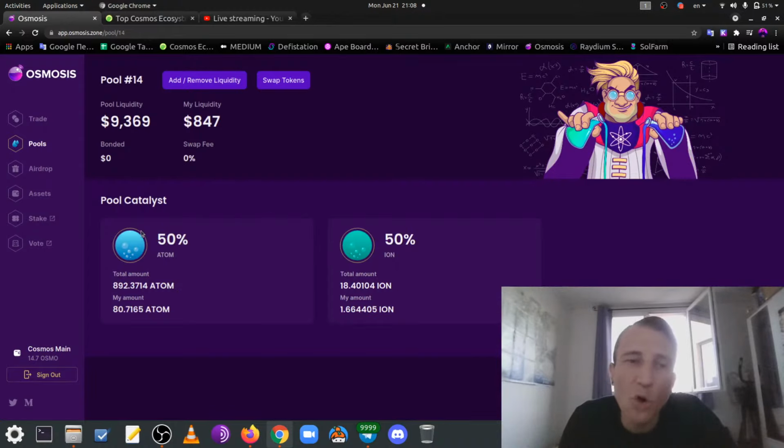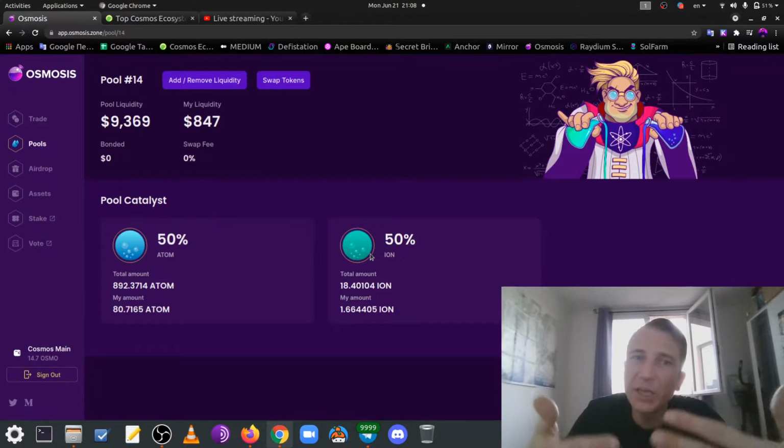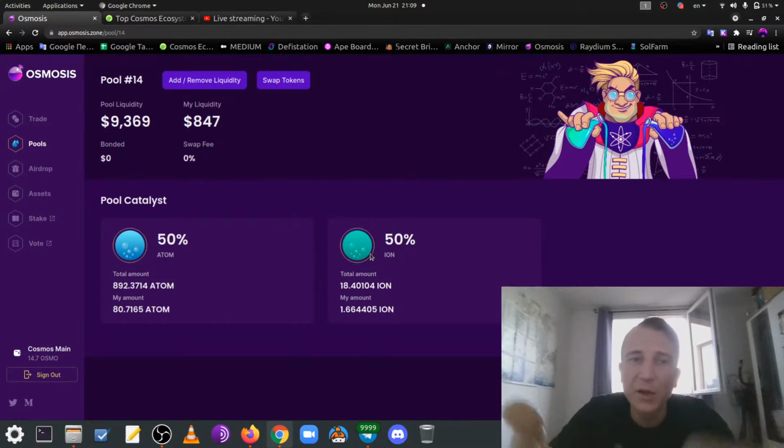And when I want to swap 400 atoms for the 8 ions, it means that the amount of atoms here will be 1300 and the amount of ions becomes less, and this makes a big difference between the proportions of ions and atoms in the liquidity pool.